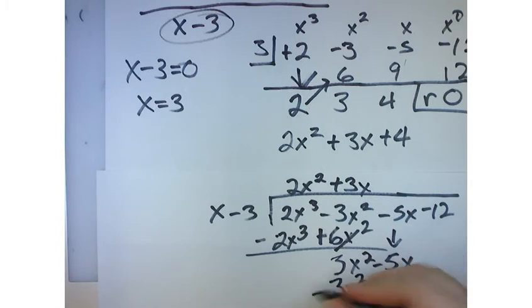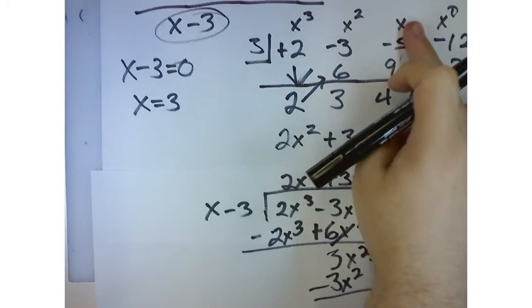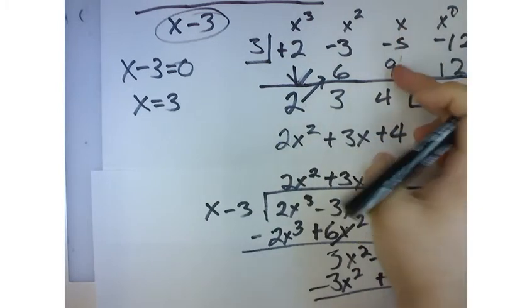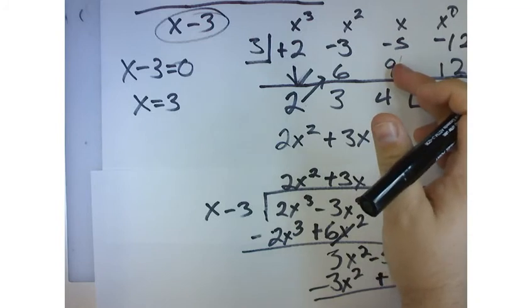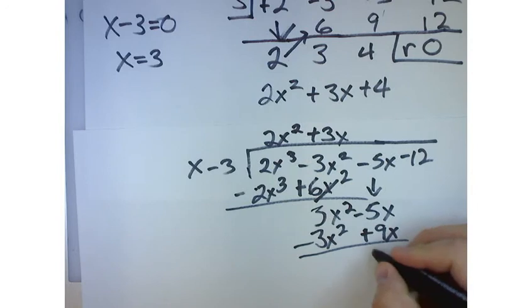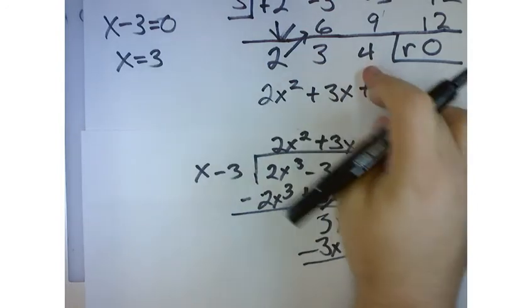When I change the sign, I'm left with a positive 9x and a negative 5x in the x column. Negative 5 and 9, that's no accident. When I add them up, what do I get? A positive 4. That's no accident.